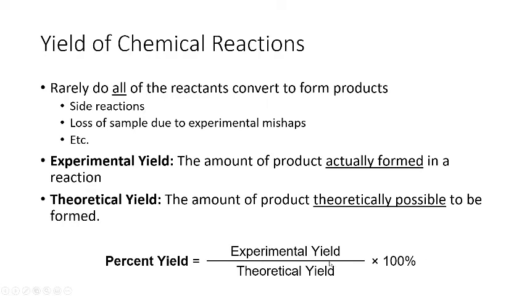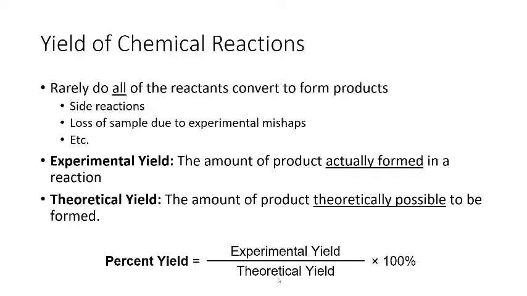If you have a percent yield of 100%, that means the experimental yield over theoretical yield is equal to 1, which means those amounts are exactly the same. If you have a percent yield of 50%, that means the experimental yield is half that of the theoretical yield, and that would be a pretty poor return.